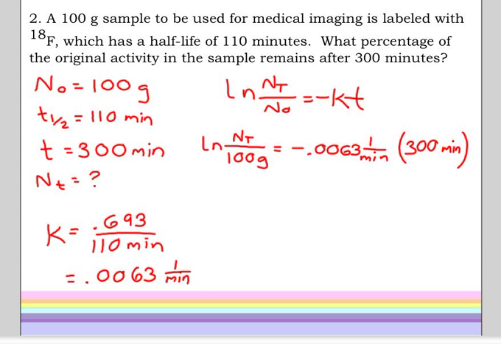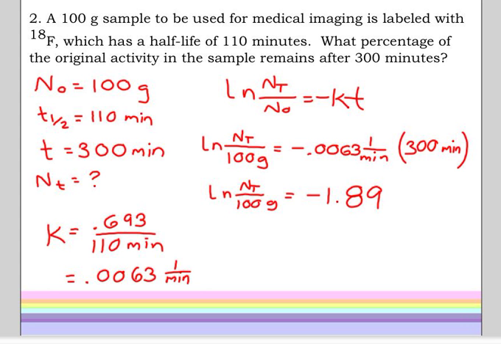Again, you have to look at it and say, what can I do? Can I put that natural log into my calculator? We can't because of that unknown, that n sub t. So we're going to leave it alone for a second, just bring it down, and work on our right side. If we multiply the right side together, we get negative 1.89. Now we have to do something. How do we get rid of that natural log?